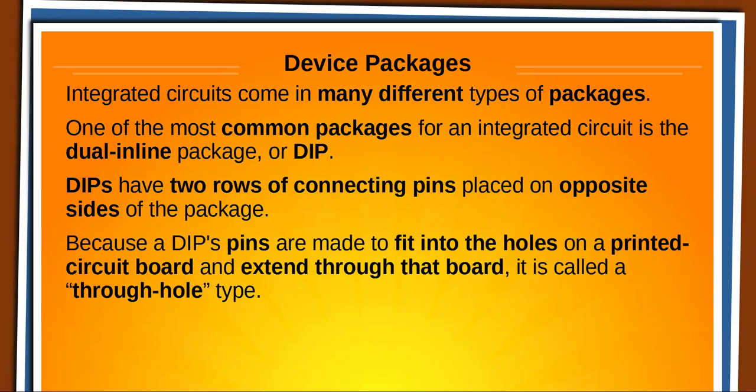When they started getting beyond that, then they went to other than through hole. These are basically through hole devices where they get plugged into a socket or directly soldered through holes on a printed circuit board. They're very hard to remove.